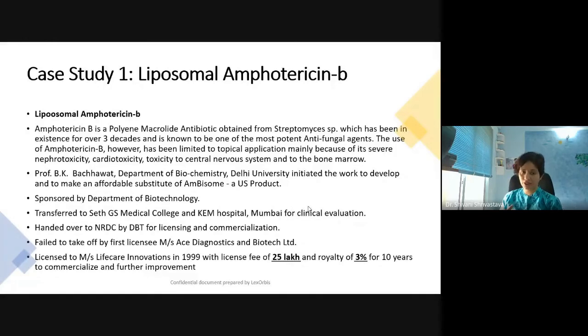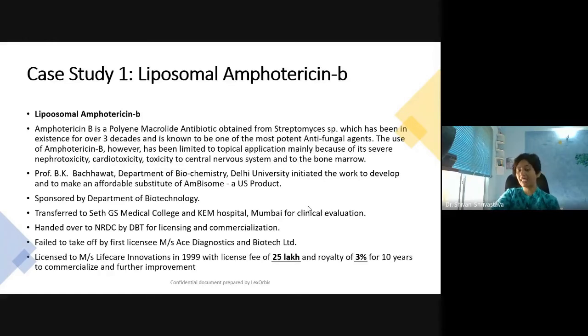for licensing and commercialization. NRDC started contacting the companies. The first licensee didn't happen. The first attempt failed with Ace Diagnostics and Biotech Limited. Later they contacted Life Care Innovation in 99, and it was licensed and the product commercialized. At that time the license fee was 25 lakhs and the royalty 3% for 10 years.